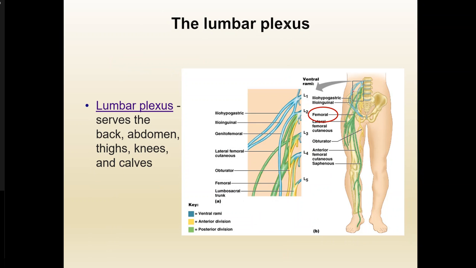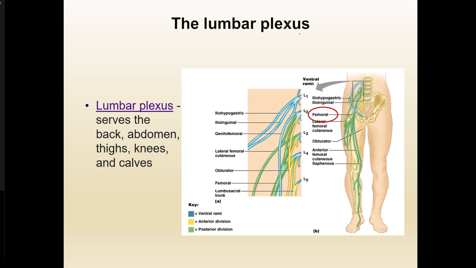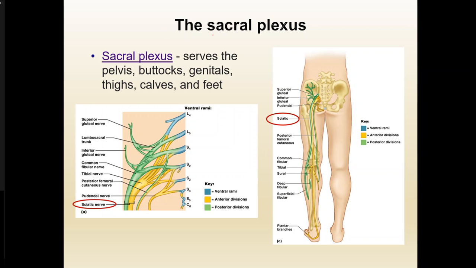Then there is the lumbar plexus, of course, and it serves the abdomen, the back, the thigh, and knees. This, for instance, contains the femoral nerve, which is very important. So this was the lumbar plexus. Very long nerves typically. And then there is the sacral plexus.